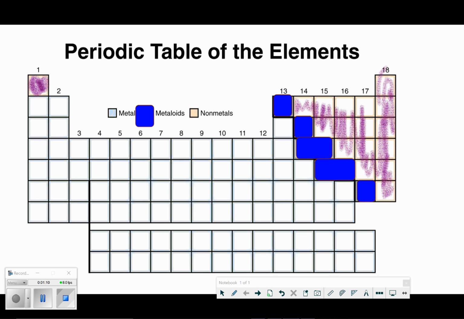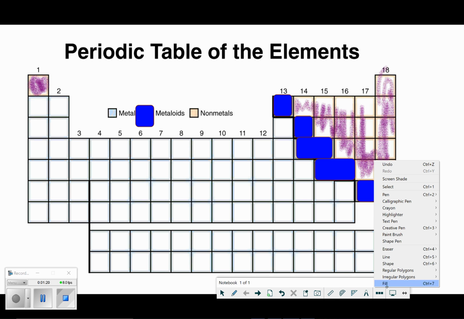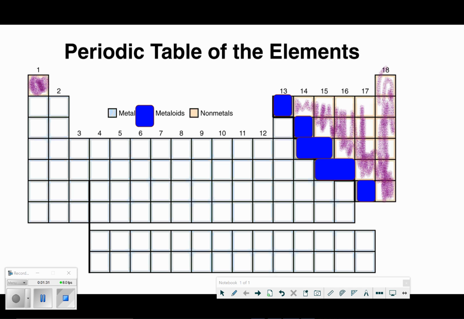The metalloids are dark blue. They're already marked on there. And then the metals, I'm going to make green for right now. I think that's green. Okay, so all of these are metals.